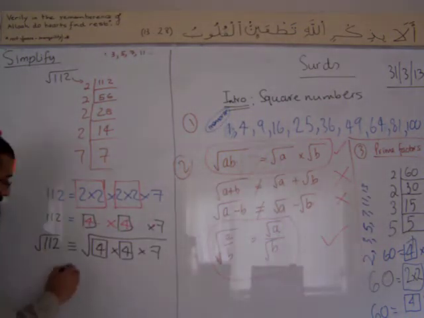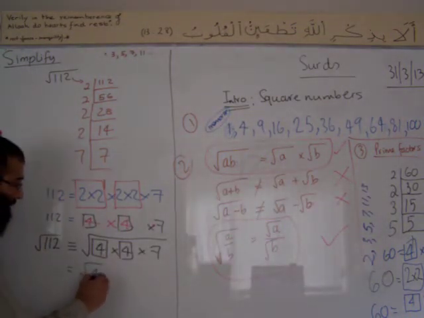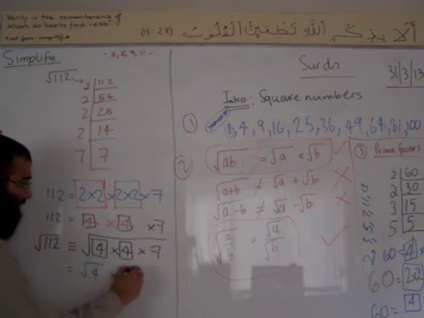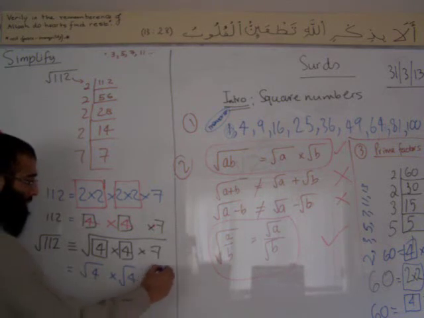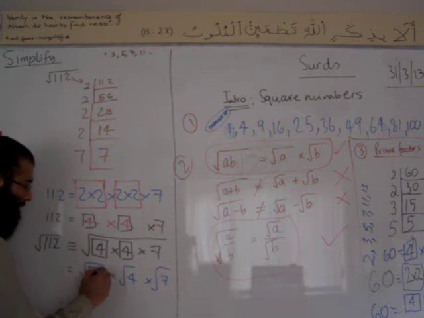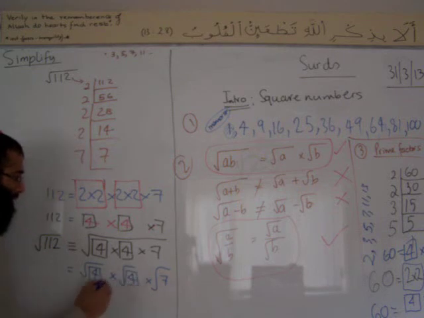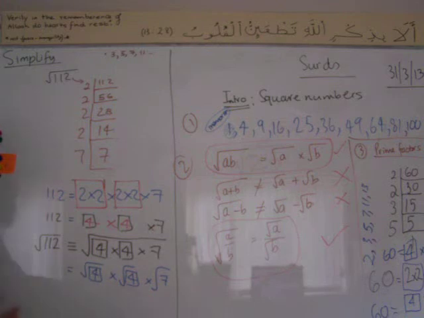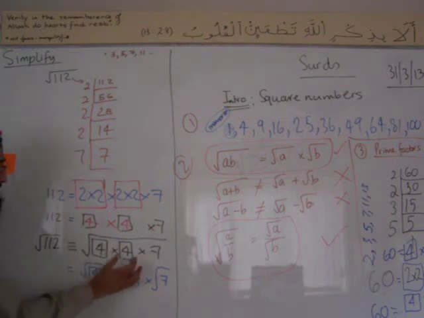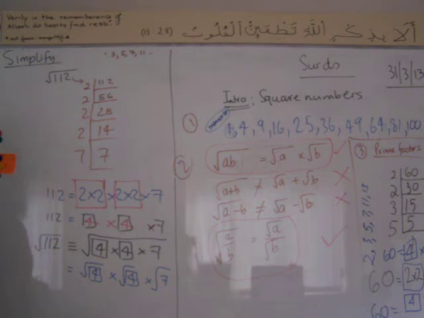Okay, let's do that then. Now we split them up into the separate elements. That's separate, and that's separate. Now we've identified square numbers. Can we square root a square number?